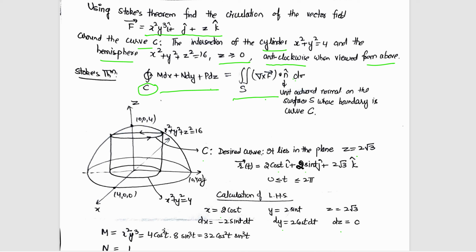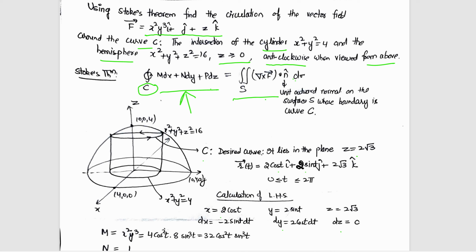Now first let's find out the circulation along the curve C using this formula. For that we need to find the parametric form of the curve C. So let's look at the given surfaces.